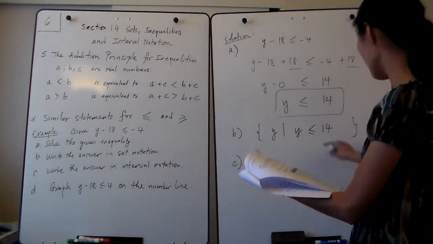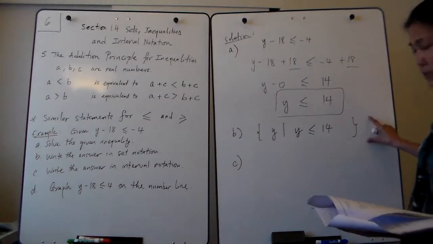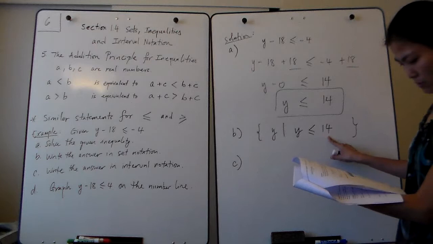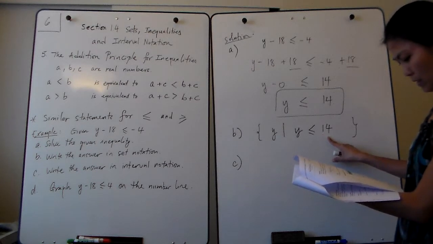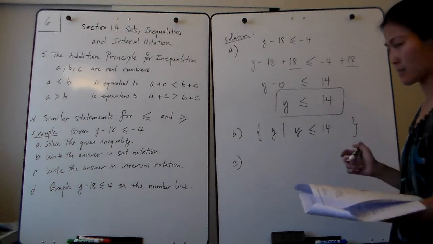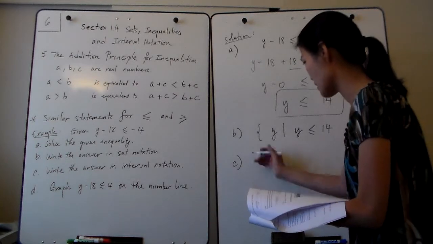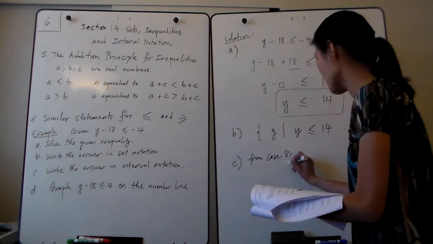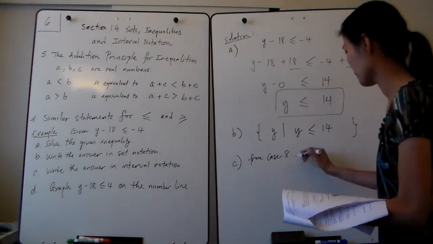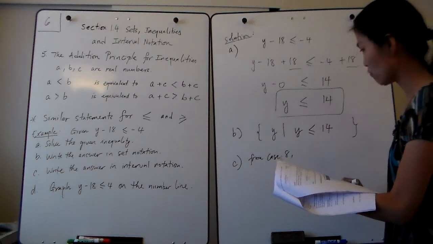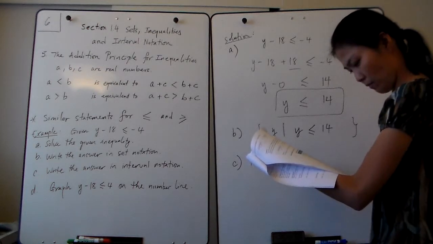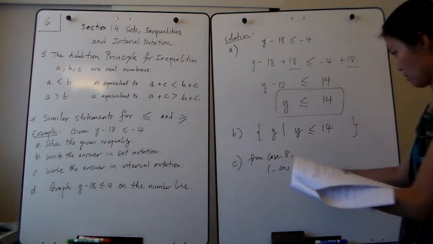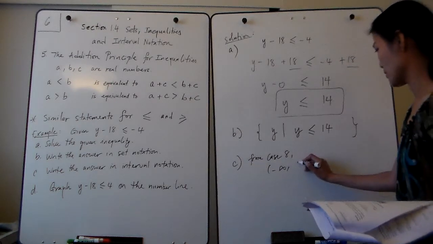So we have right here the set notation: y is less than or equal to 14, right? So in this case, it's going to be case 8, okay? So from case 8, we'll have the interval notation: negative infinity to the right endpoint, which is 14.